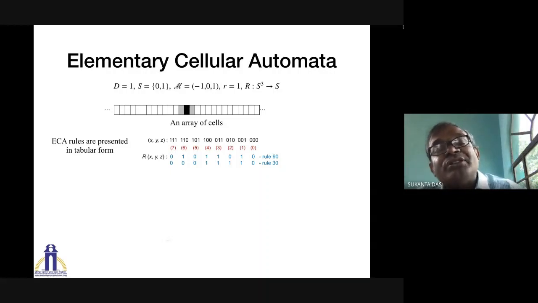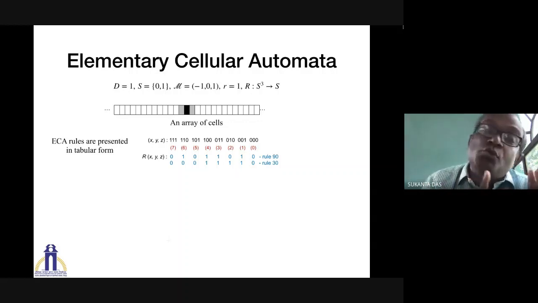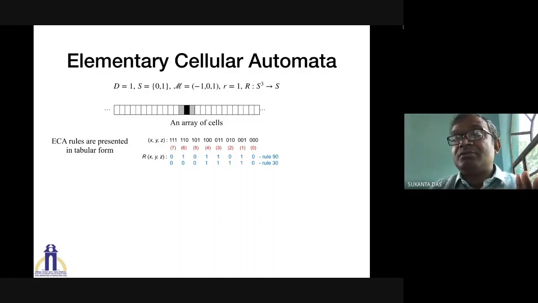So in the figure, the topmost row notes down the domain values, the domain of the rule. This is my style: I shall start from 0, 0, 0, 0, 0, 1 up to 1, 1, 1.